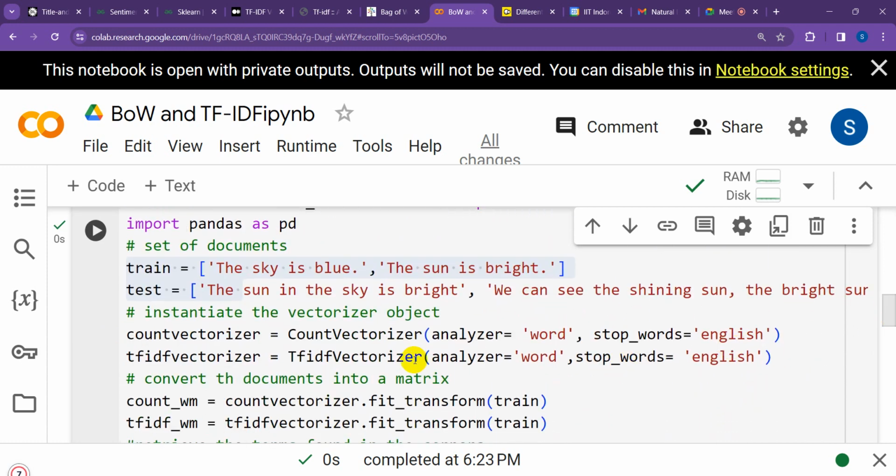But before applying, I'm just removing the stop words. Stop words are those words that appear very frequently in our corpus, and they do not add significant meaning to it. So here, can you tell me in the first document what can be the stop words? What do you think can be the stop words in the first document of the train set?